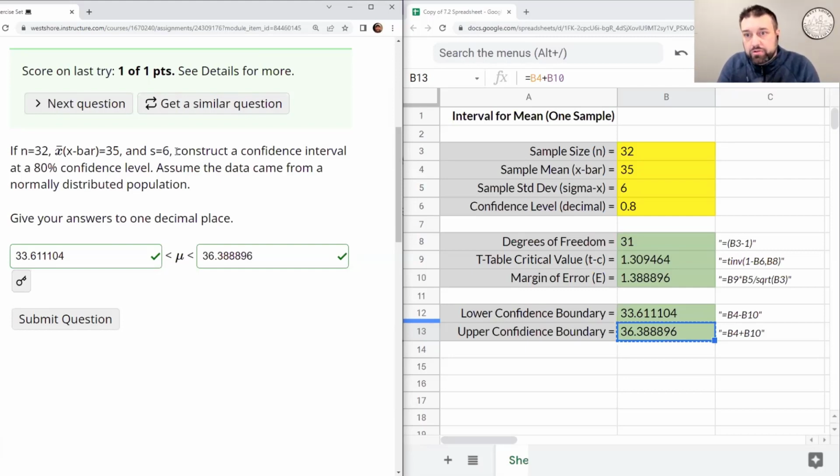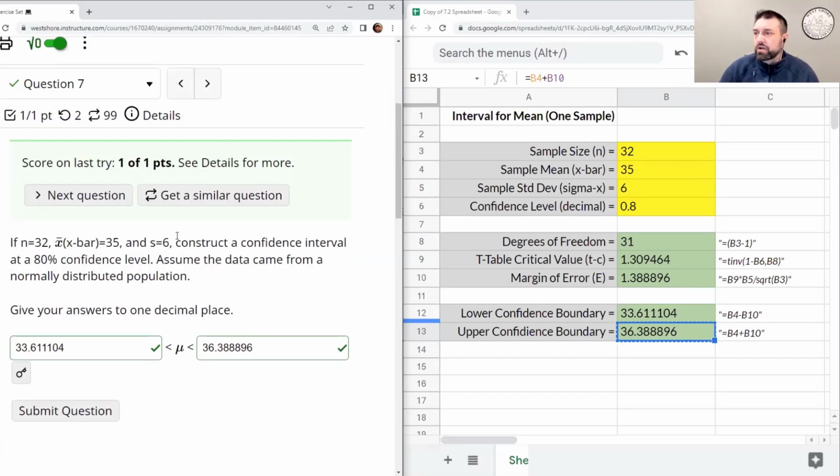From this sample, we are 80% confident that the average for the entire population is within this interval based on the information from our sample. So that's what we're doing. We're making projections about an entire population from a sample with a certain confidence level. Again, don't do these problems till you get them right. Do them till you can't get them wrong.